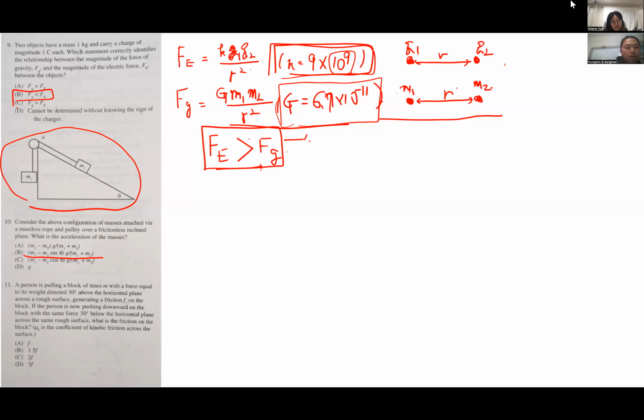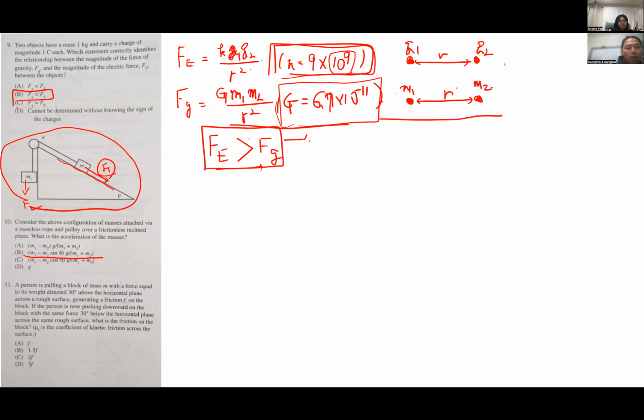Okay, yeah, that's a good approach. In order for these two masses to stay in balance, the force applied downward on M2 should be the same as the force applied along the slope of the inclination, right? So this force should be the same, F2 the same as F1, right?